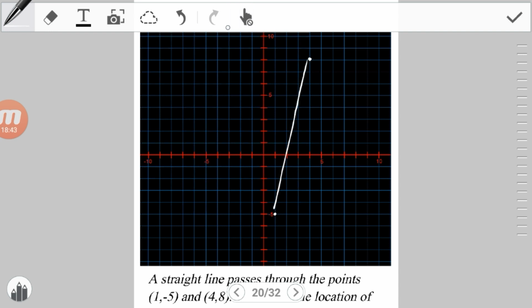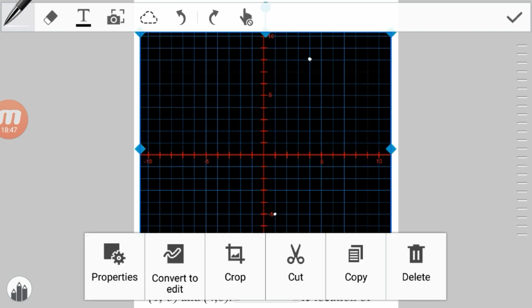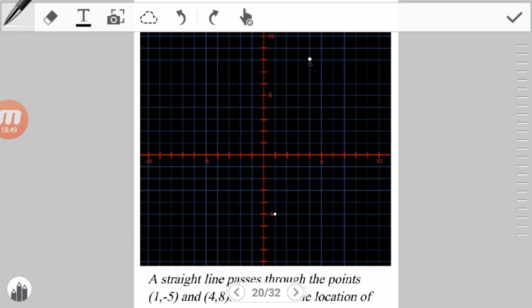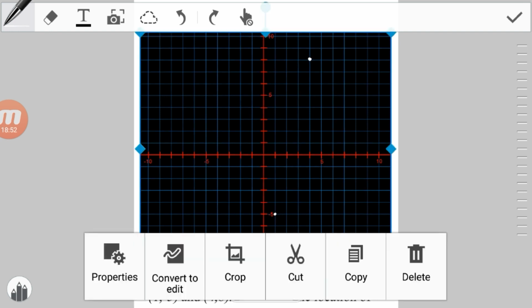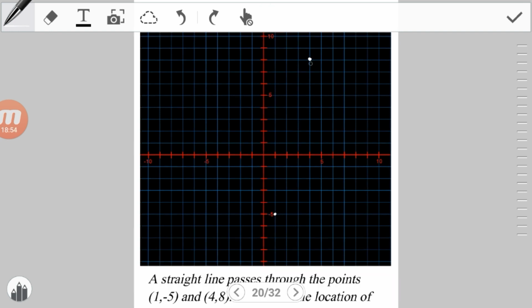So still a little bit off, guys. I think I got it now. That's a little better, right? As best as I can get it from this type of screen. All right, so that's my line here.